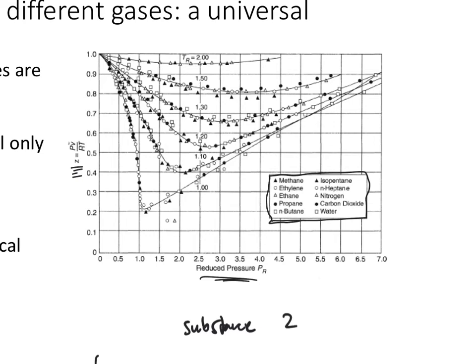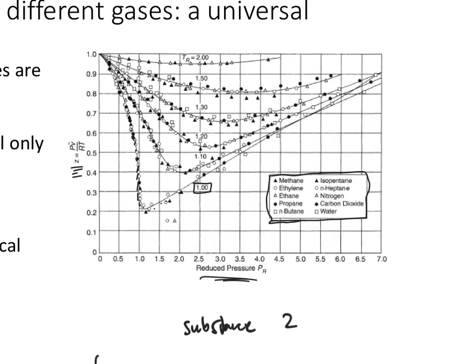And you notice that no matter what the substance is, for a given temperature, so here is TR equals 1, right at the critical temperature, no matter what the gas is, all of these data points are falling on the same curve, at least approximately.